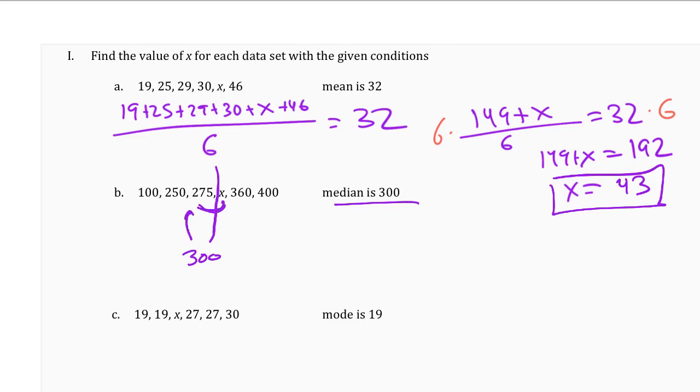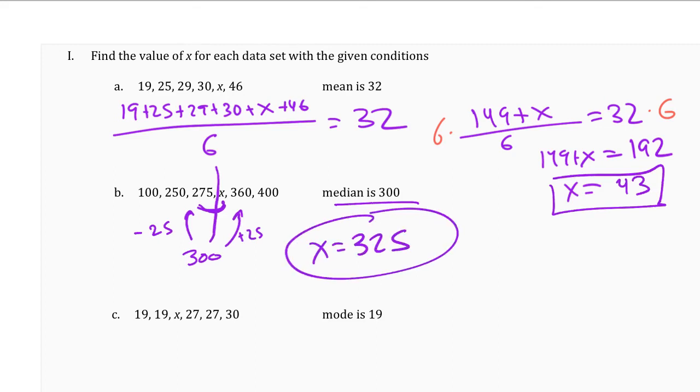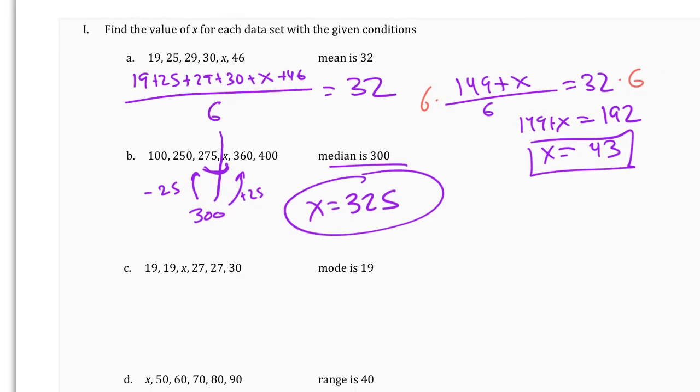And the way to really think about this is 275 is 25 away. So I subtracted 25, so I've got to just add 25. And to do that, we get x equals 325. Right? That'll give me a median of 300, because the average of 275 and 325, halfway between them, is 300.